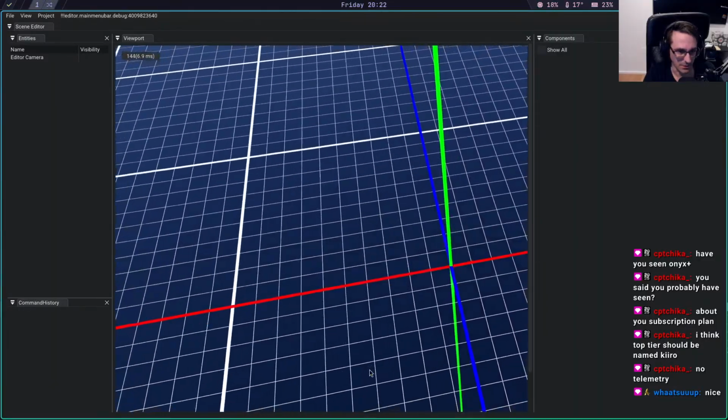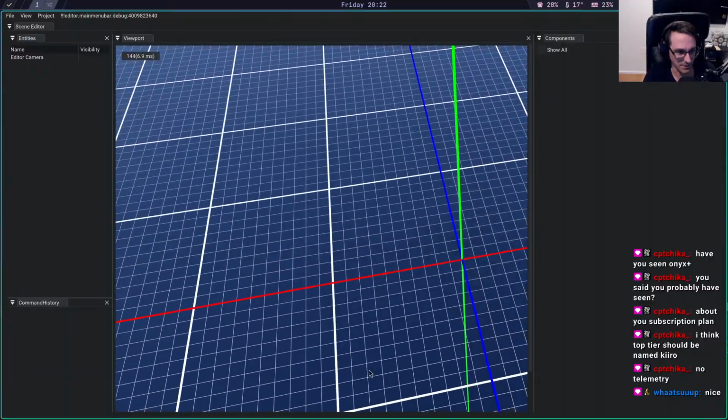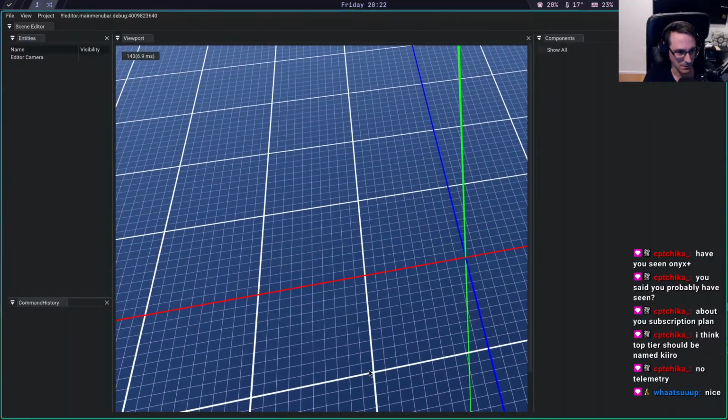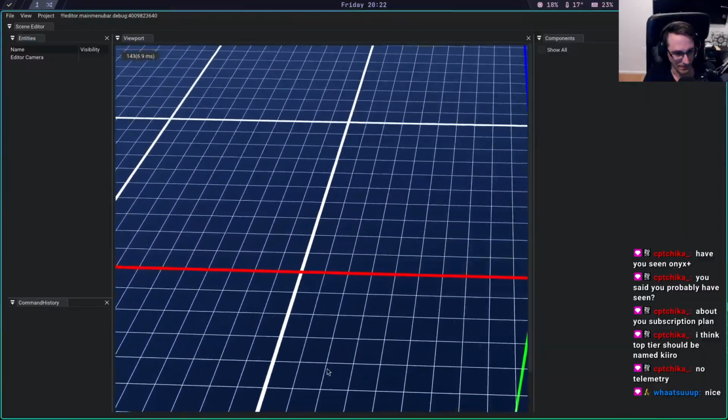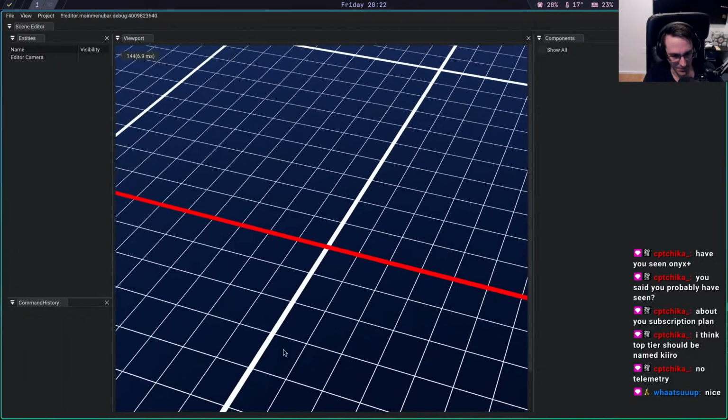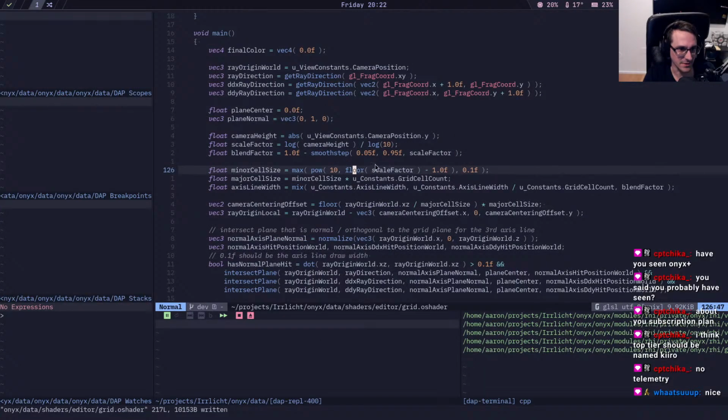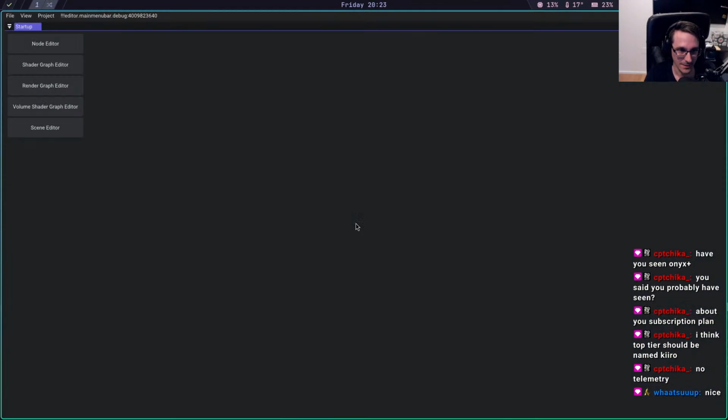Did I break it, or is it just so quick now that it barely is visible? I'm looking at this line. I mean, it's really almost non-existent. Did I break it or what? Oh yeah, I did break it, okay. Jesus, how did I do that? The direction part was missing. How did I manage that?